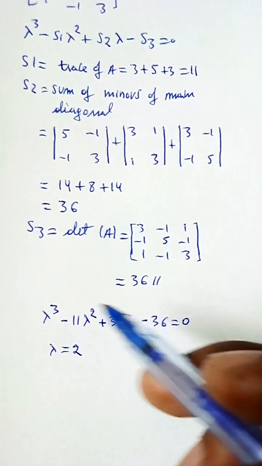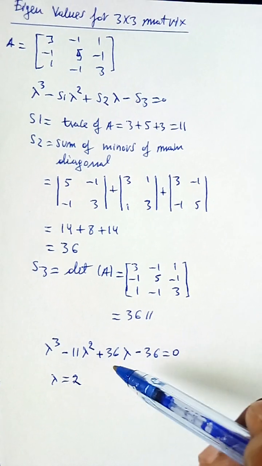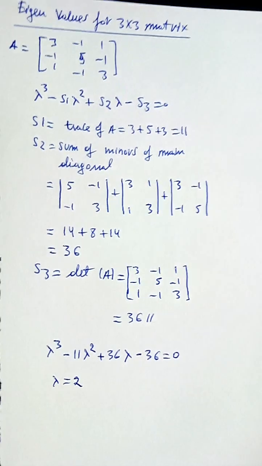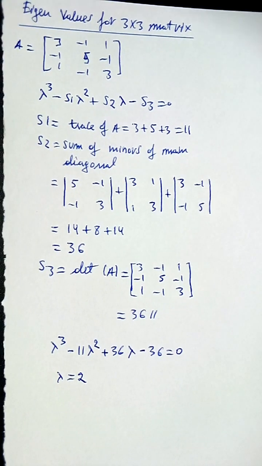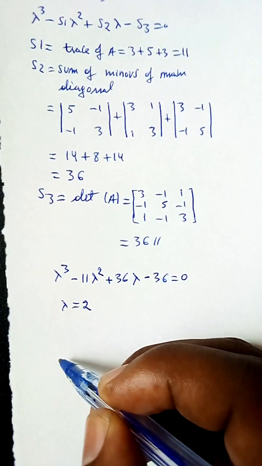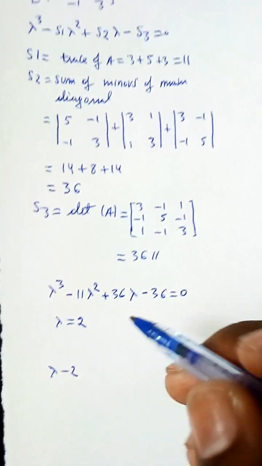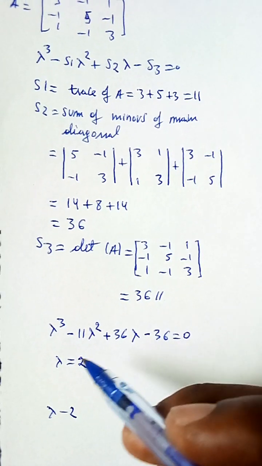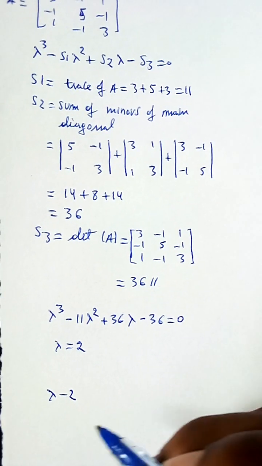In order to solve this equation, there are two methods. I prefer to use the easiest method. As we have lambda equal to 2, it becomes lambda minus 2.